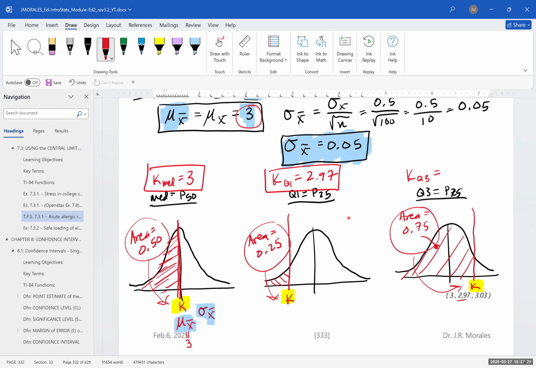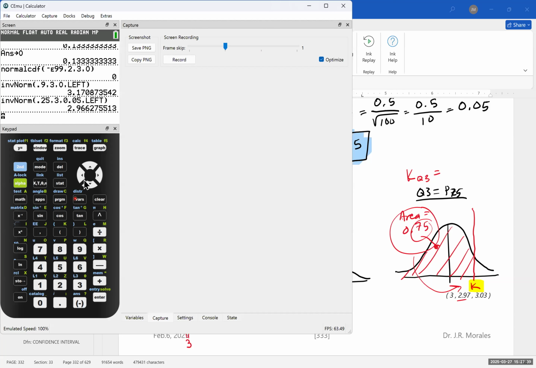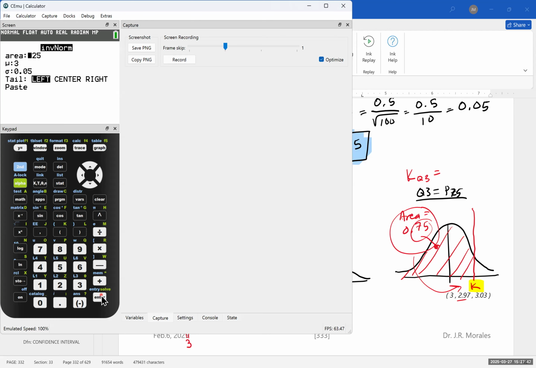And now instead of 25% or 0.25, we'll put in 0.75. So we'll do inverse norm, and this will be 0.75.